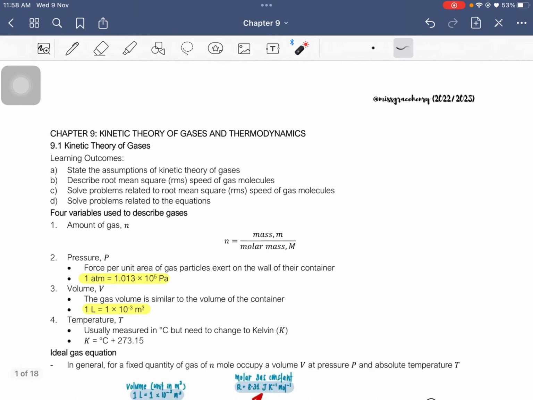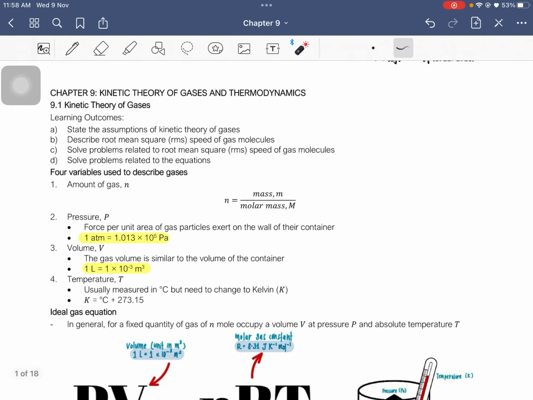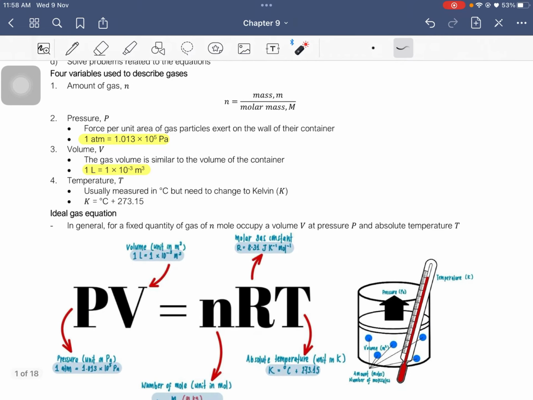Okay, so for this chapter, you need to convert to Kelvin, not in degrees Celsius. So how do we convert degrees Celsius to Kelvin? We just add 273.15 in order to convert to Kelvin. So those are the four variables used to describe gases.